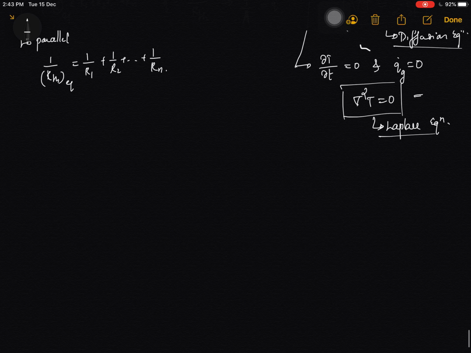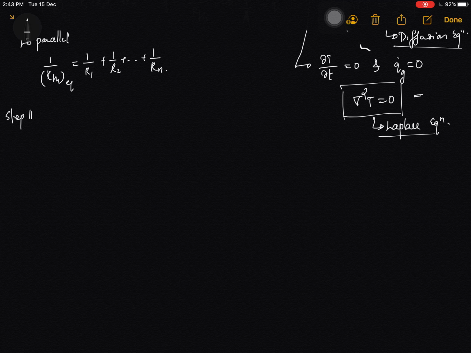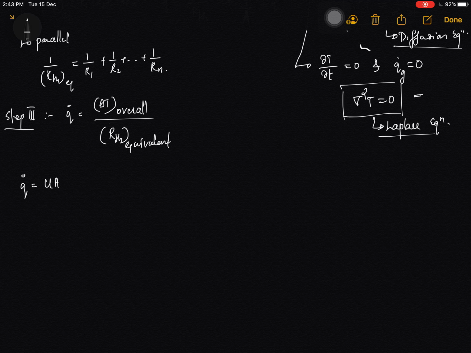In a similar way, we can write the heat transfer rate Q dot equal to UA delta T overall. Before that, we have to go through the last step, the third step in the analysis of composite objects: determine Q dot as delta T overall divided by R_th equivalent.